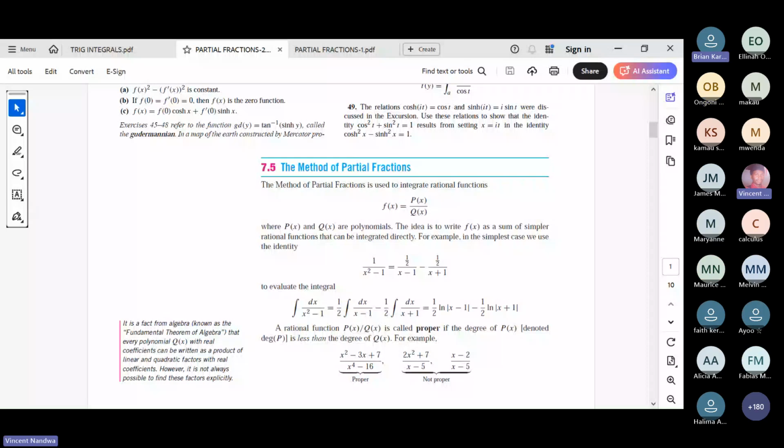So the next bit is the method of integration by partial fraction decomposition.